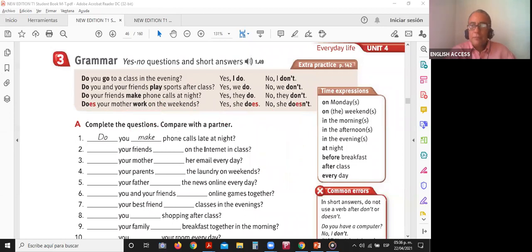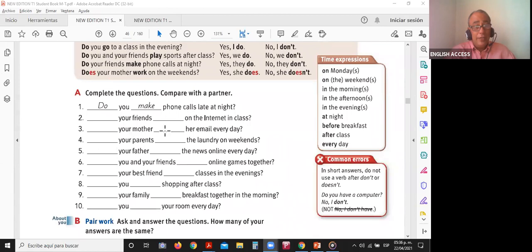Here, we have some questions that are incomplete. Now we need to complete the questions with the auxiliary do or does and the verb. The verb is missing. Let's check the verbs first, and then we are going to write do or does.